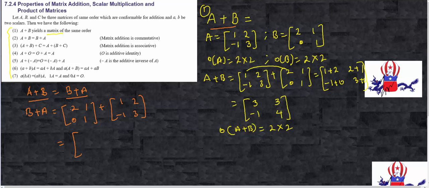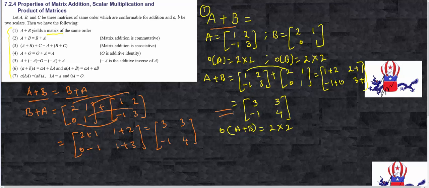This can be rewritten as 2 plus 1, 1 plus 2, 0 plus -1, and 1 plus 3, which is 3, 3, -1 and 4. If you compare with the matrix of A added with B, the elements are one and the same. So this property, matrix addition being commutative, is found to be true by an example.